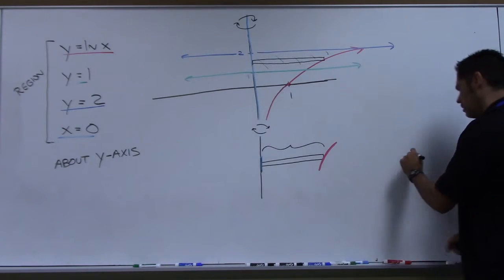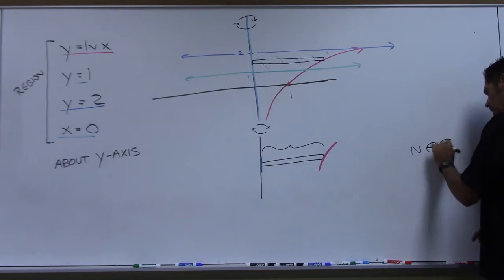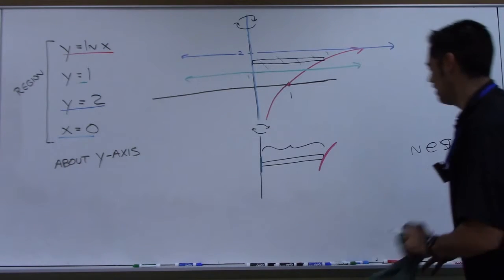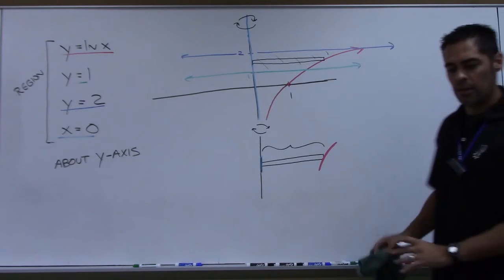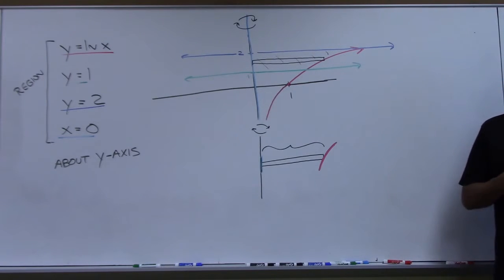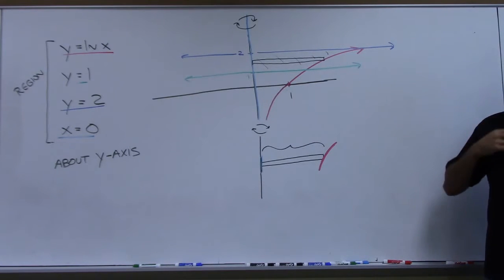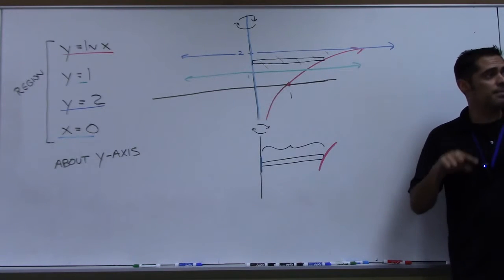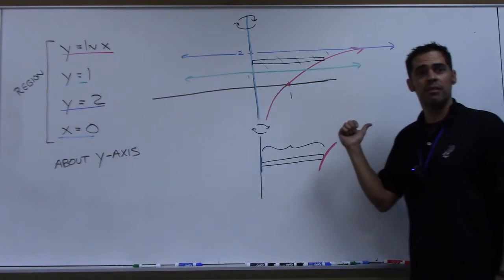Natural log of x, correct. Y equals natural log of x, but you can't write it that way. You've got to solve for x. You have to write it as a function of y instead of x because your rectangle is sideways.